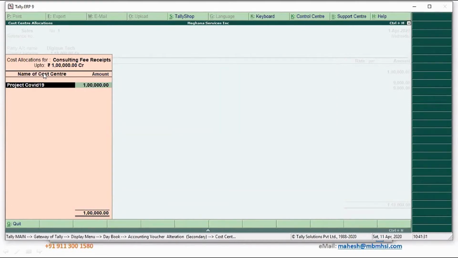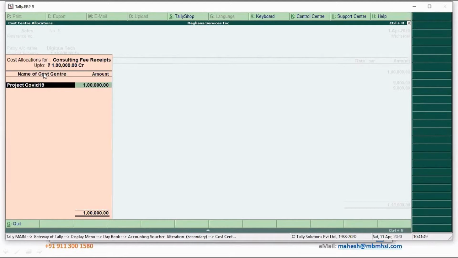Now I want to know against this project what is the revenue and what is the expenditure. That you'll anyhow get in the cost center, but I also want to have all my assets and liabilities classified under this project. So how do we do that?